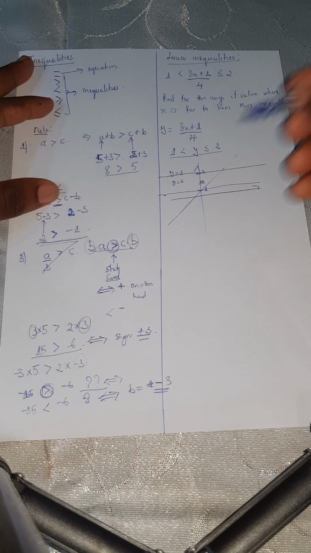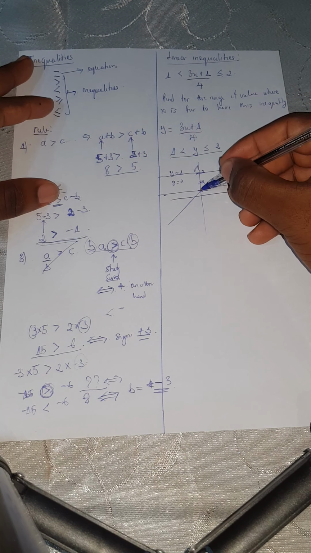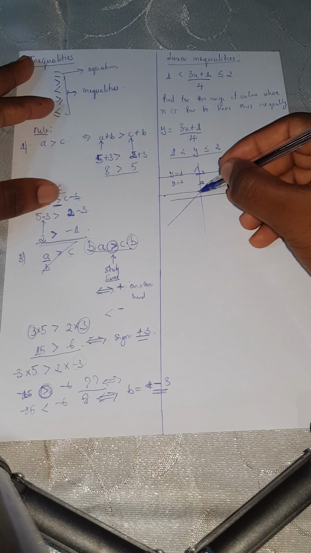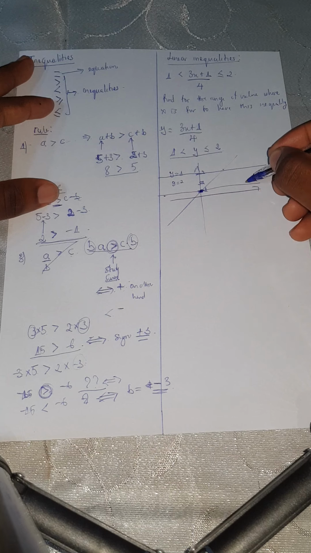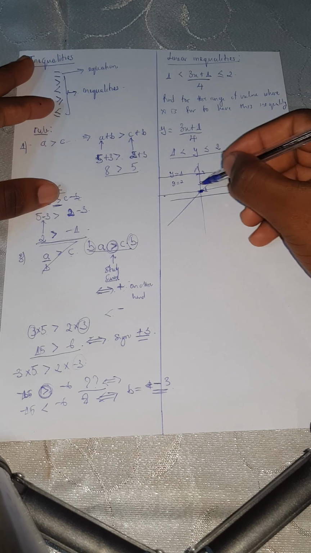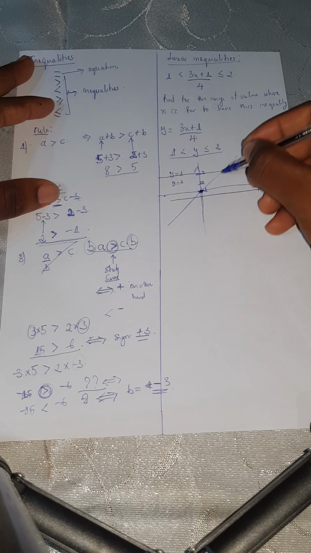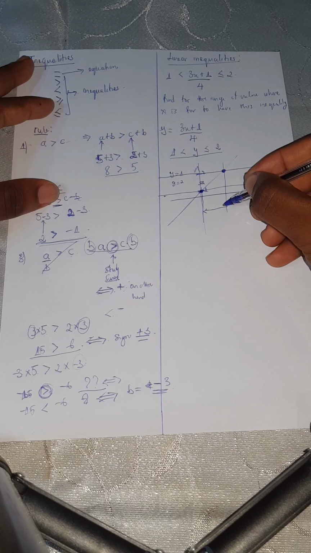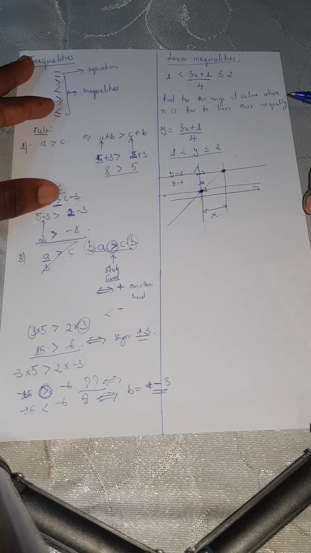Now, this inequality states that we are going to take values between the point where the graph touches the line y equals 1 and the point where the graph touches the line y equals 2. So we are going to have this range of values where x will exist for us to have this function.